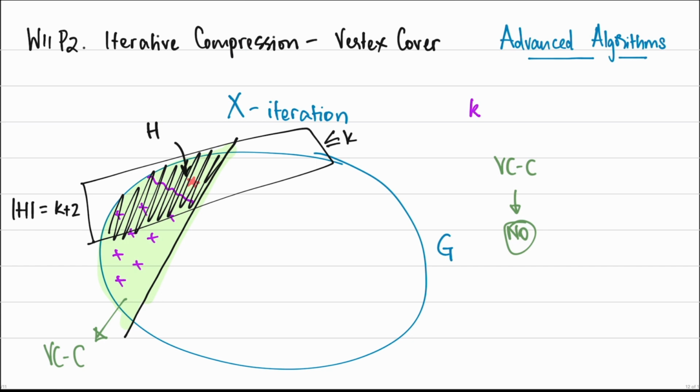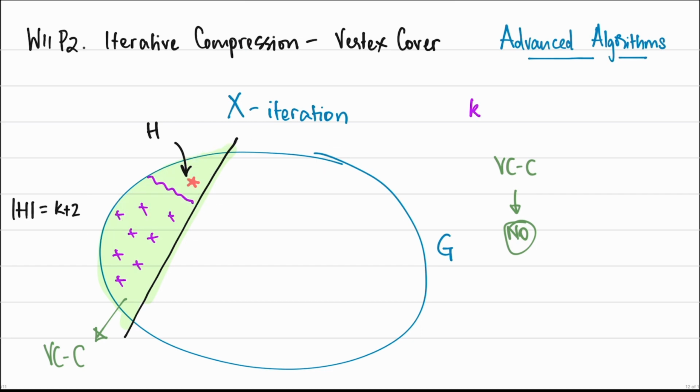Now, the fact that H does not have a vertex cover of size at most k, as reported by the compression algorithm, therefore implies that G also does not have a vertex cover of size at most k. This is just the contrapositive.